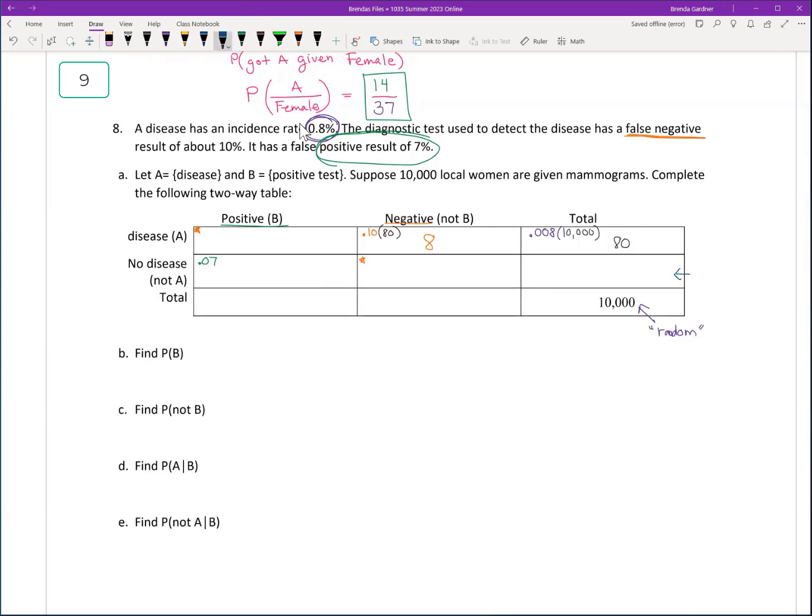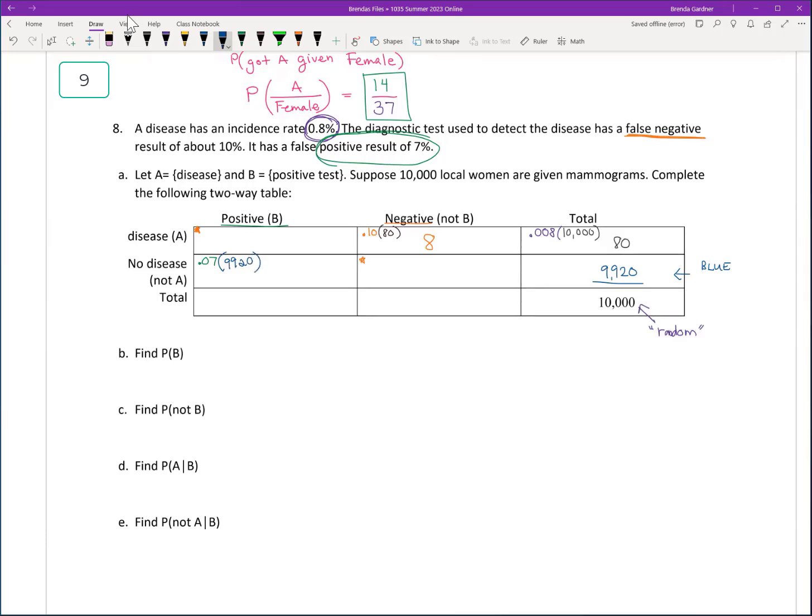If it's blue, that means it's a calculation of just adding and subtracting. To figure out this total in between, 80 plus whatever I have there needs to add up to 10,000. So it's going to be 9,920. We have 7% of that row, which is 9,920.